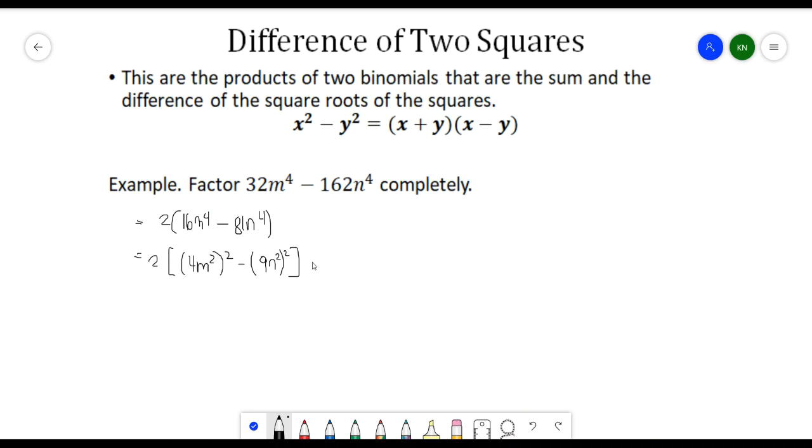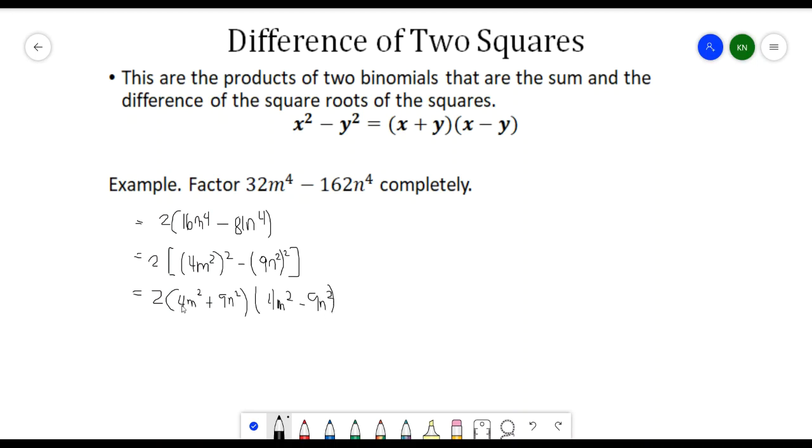So this is equivalent to 2 times x, which is 4m squared, plus our y, which is 9n squared, multiplied by our x again, 4m squared, minus our y, 9n squared.